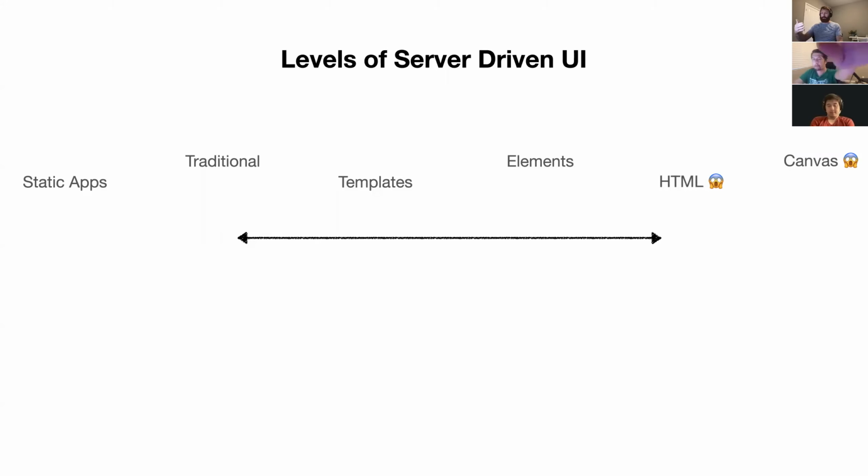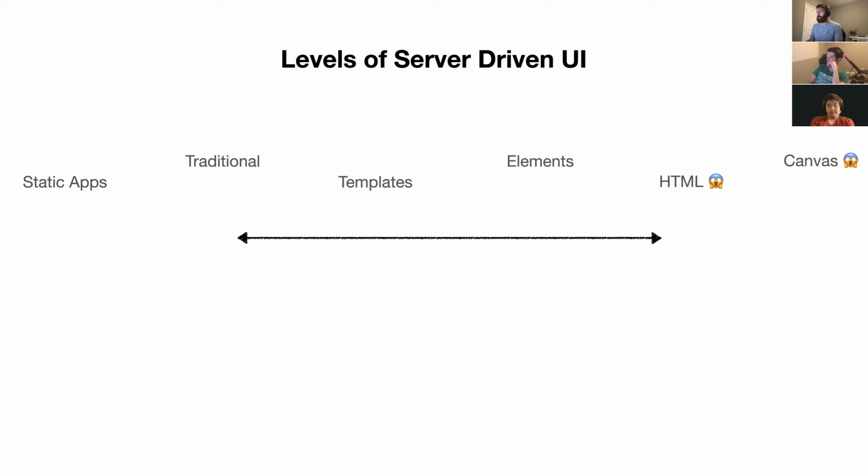The server could say display this, and the front end would take that and spit that template out. Then you go a little bit further right, you have elements where the server says, hey, I want a button here, I want some text here, I want an image here. So it's a little bit more dynamic than templates, and the server has more control over exactly what that UI looks like.